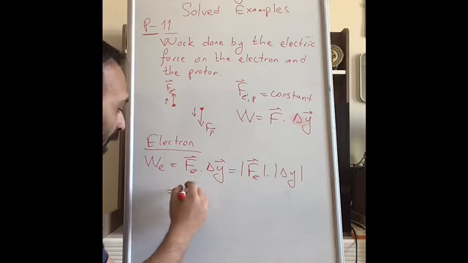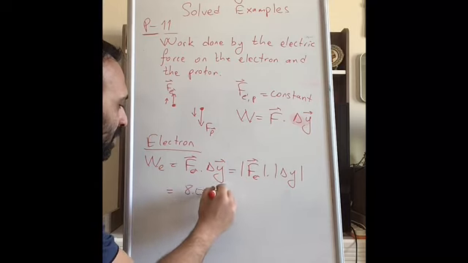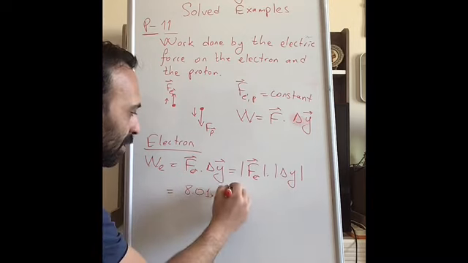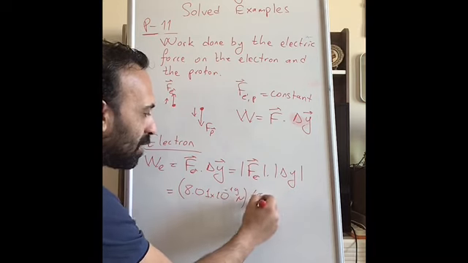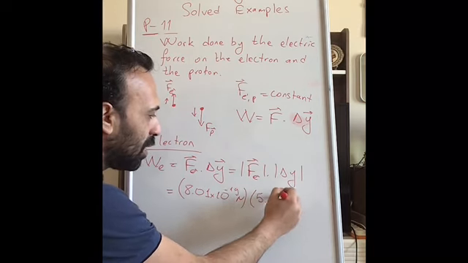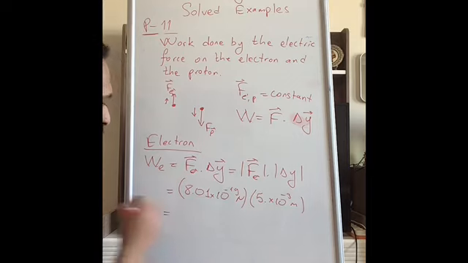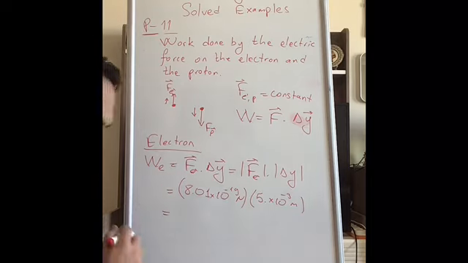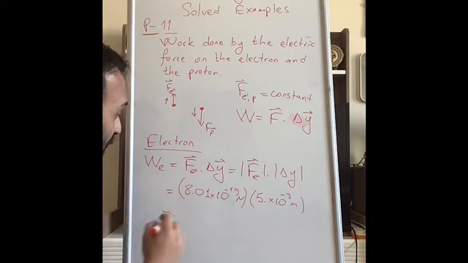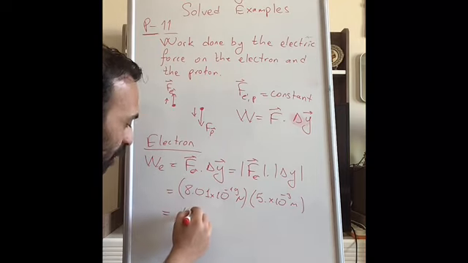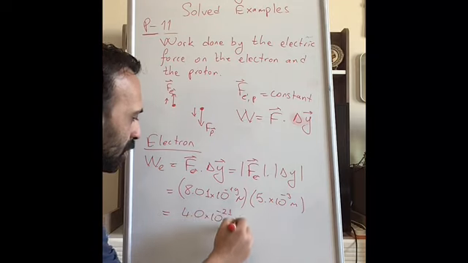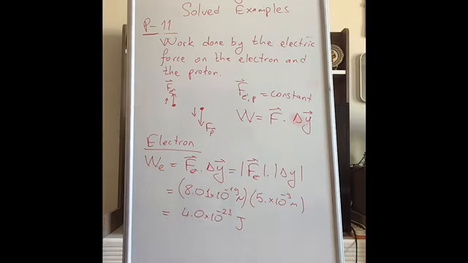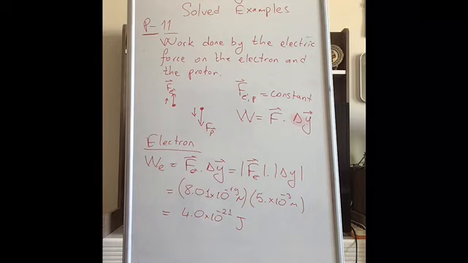It is 8.01 times 10 to minus 19, its magnitude, Newton, times 5 millimeter, so 5 times 10 to minus 3rd meter, and you can use your calculator, we can find the work done on the electron is equal to 4.0 times 10 to minus 21st joule.